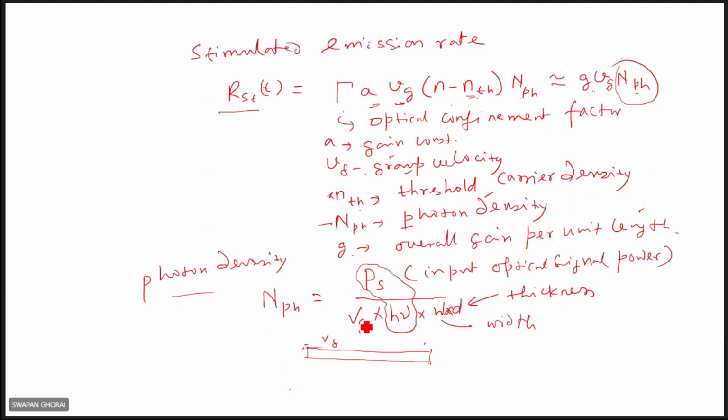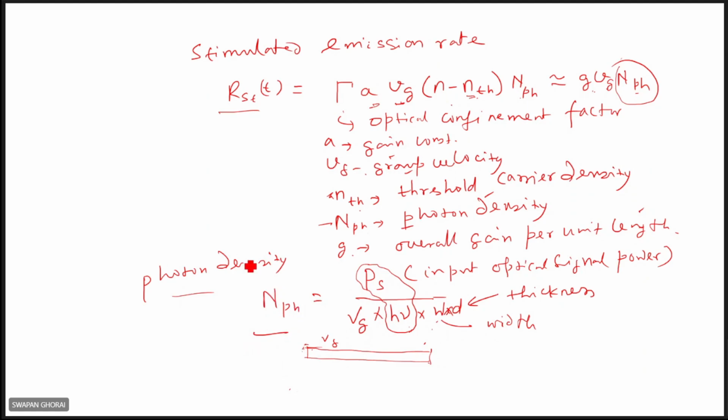Then this will give you the volume. So the photon density per unit volume will be P_S divided by v_g h nu W d, where W is the width and d the thickness of the active layer. This is most important: you can calculate the photon density.